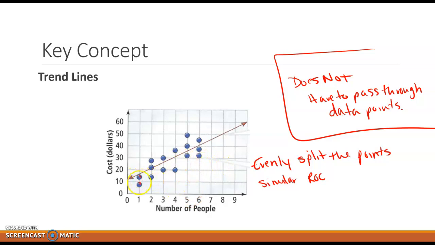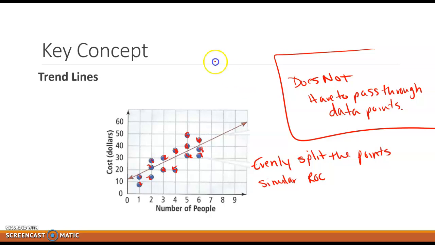And then here we have 1, 2, 3, 4, 5, 6, 7, 8, and 1, 2, 3, 4, 5, 6. I think it's more on this side than that side, so 7. All right, so we have about the same number of points above the line as we do below the line, and so that's why this is a good trend line.